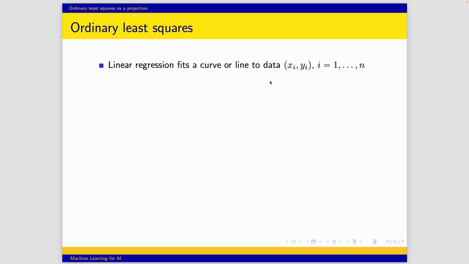And we want to fit a curve or a line to this data. So the simplest case would be just a scalar function of a scalar input. So we'd have these y's depend on some scalar input x, and we might have something like this, right?